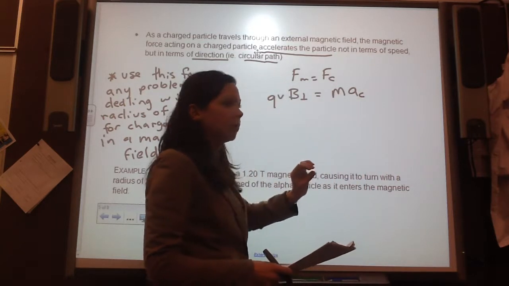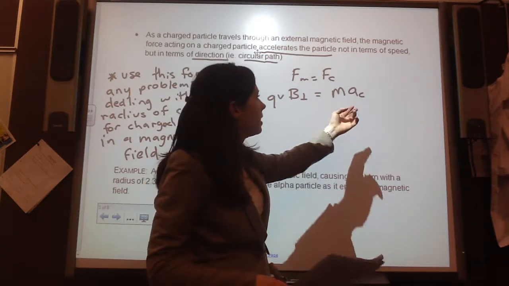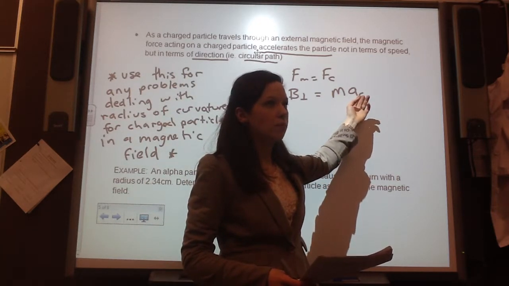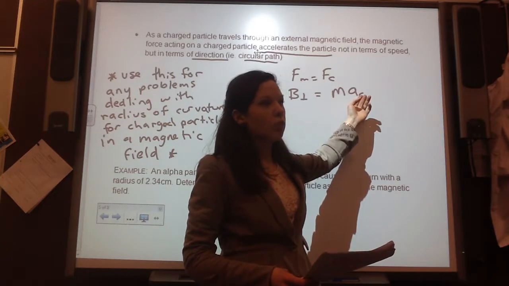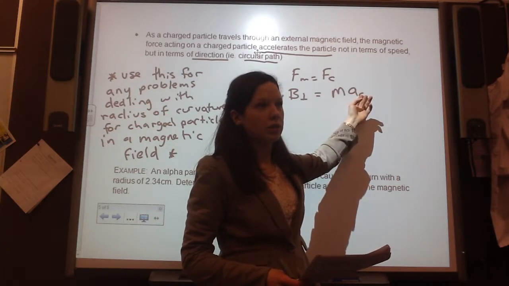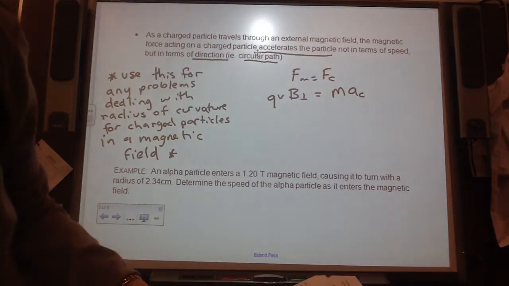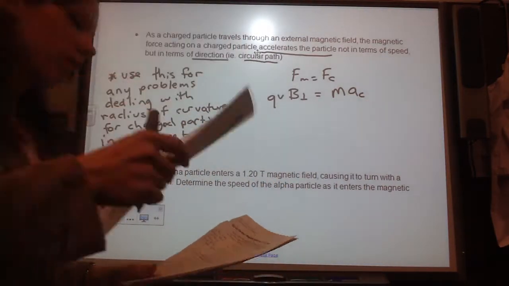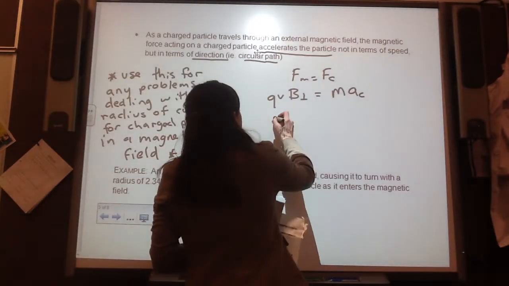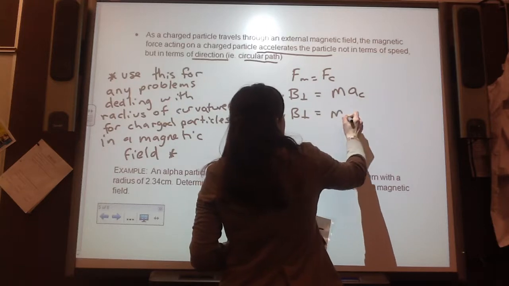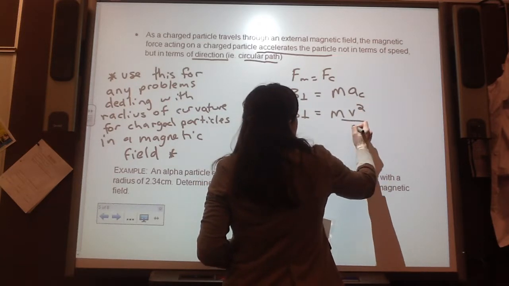Which one would that be? What does AC equal? Look at your formula sheet. Which one involves speed and radius? V squared over R. That's the one that we will use. So we have our Q times V times B perpendicular equals M times V squared over R.